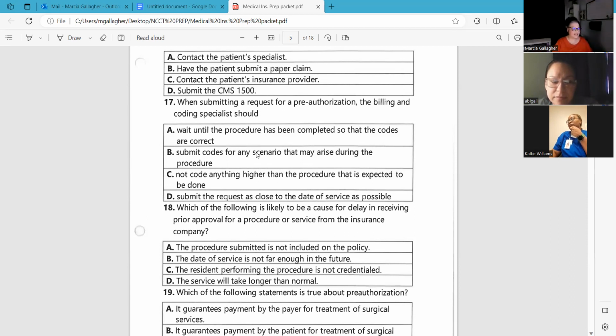Submit codes for any scenario that may arise during the procedure. So, for example, if you're having your gallbladder out, but they're afraid that your appendix is bad, you may add appendix into that pre-certification so that it will cover everything once they get in there. You won't be determining that. The doctor will.